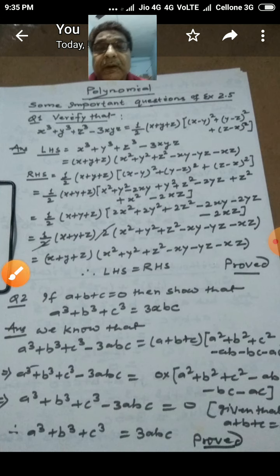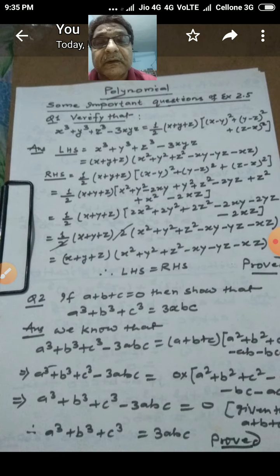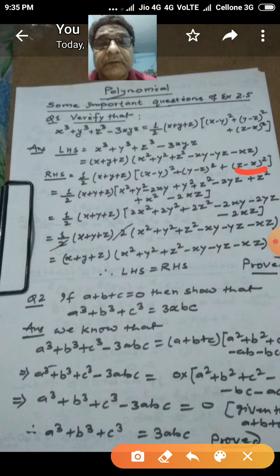On splitting it, y square plus z square minus 2yz, plus again there is (z minus x) whole square. So it will be z square plus x square minus 2xz, using the a minus b whole square identity.